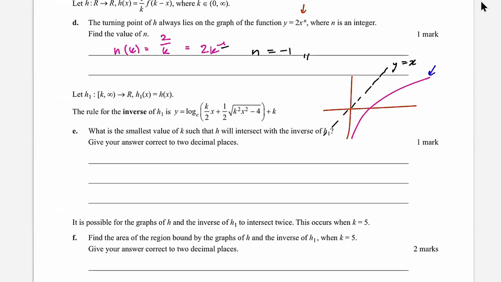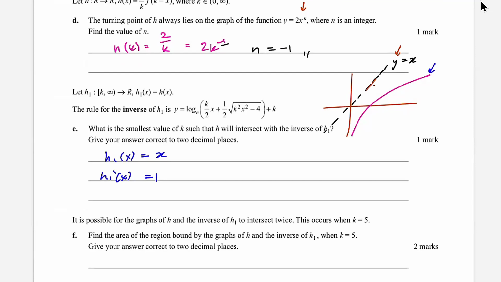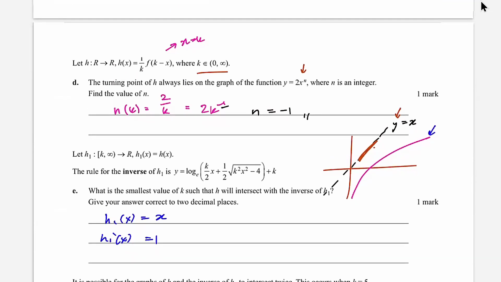So you'd solve h1 of x equals x, and h1 of x prime, the derivative, equals 1. So you want it to lie on this line and also be tangent, to have the same gradient here. But when you solve that, I'm pretty sure it doesn't work. I think it gives you a negative value, but we're told that k is greater than 0.